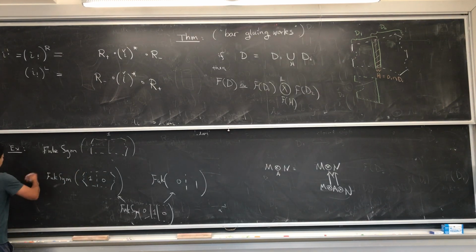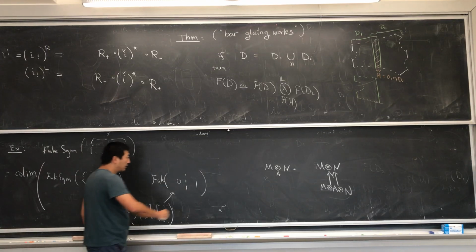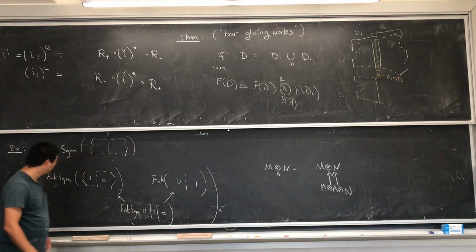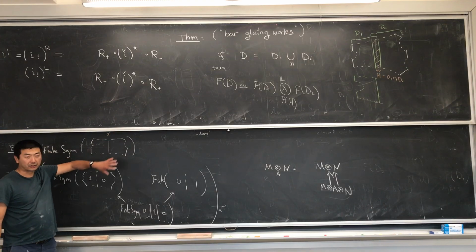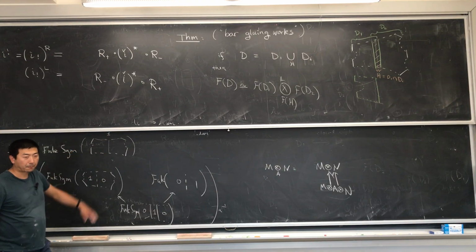And this equals the colimit of this diagram. More precisely, every piece maps to here, the colimit maps to this guy.